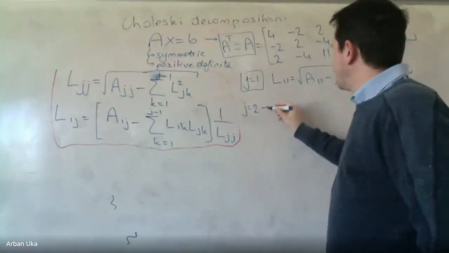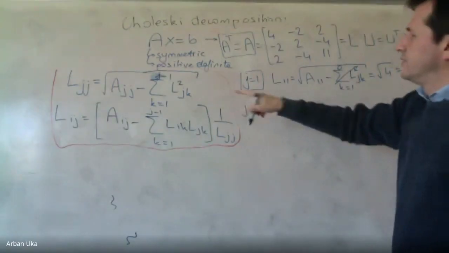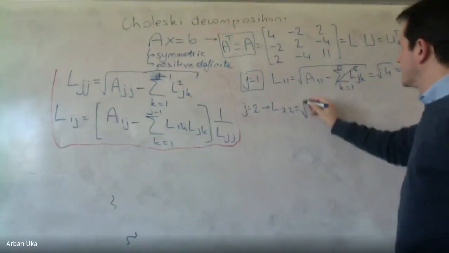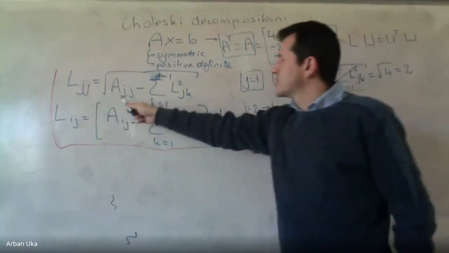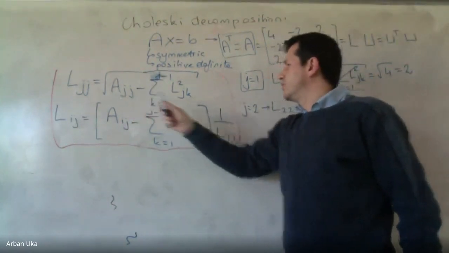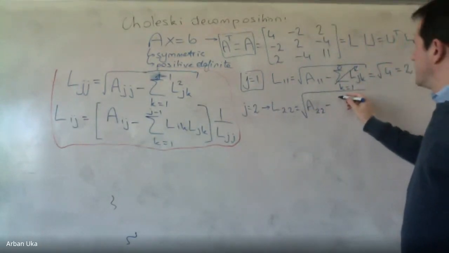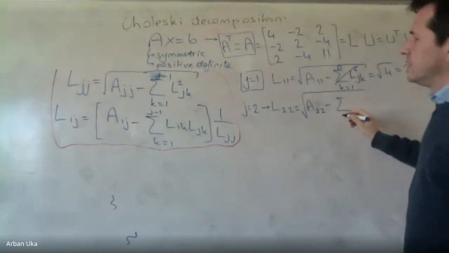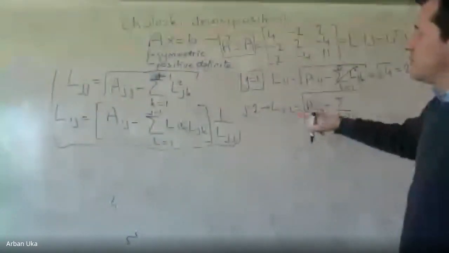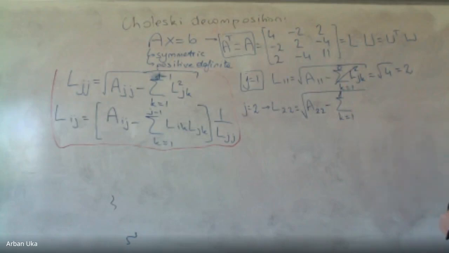For L22, we find the same expression: the square root of A22, which is 2, minus the summation from K equals 1 up to J minus 1. Now J is 2, minus 1 is 1, so we get one term out of this expression.